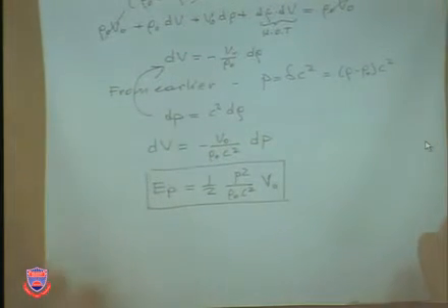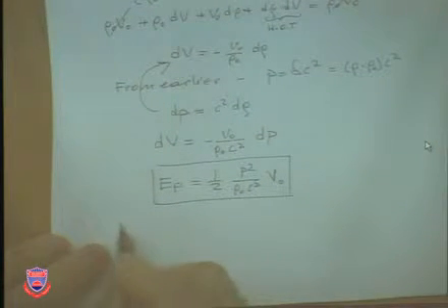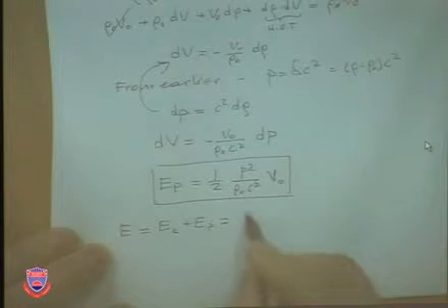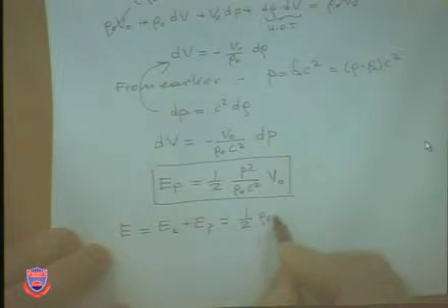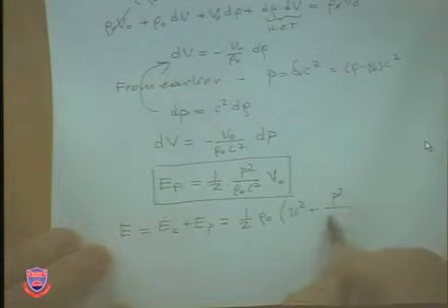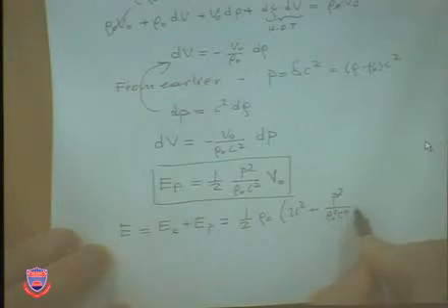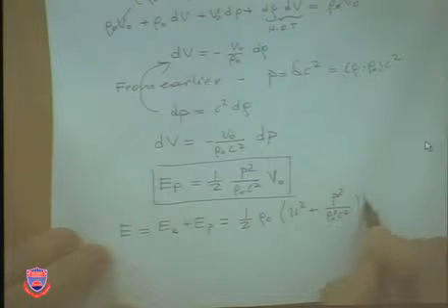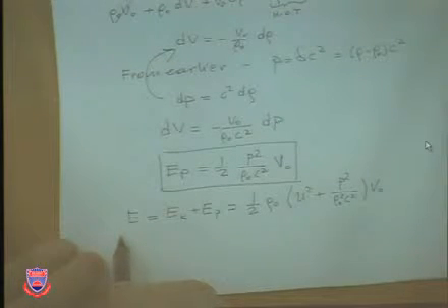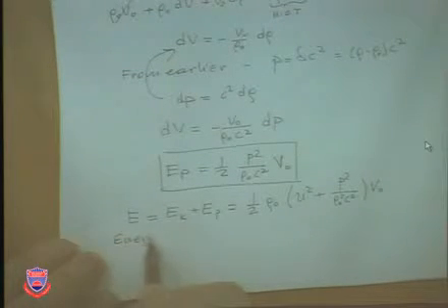So we have kinetic energy, we have the potential energy, and the total energy in the system will be their sum. And that we can write as, and one expression that I'd like to add here is energy density.